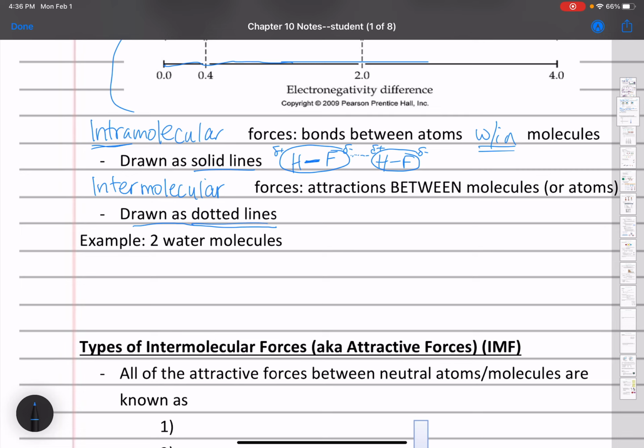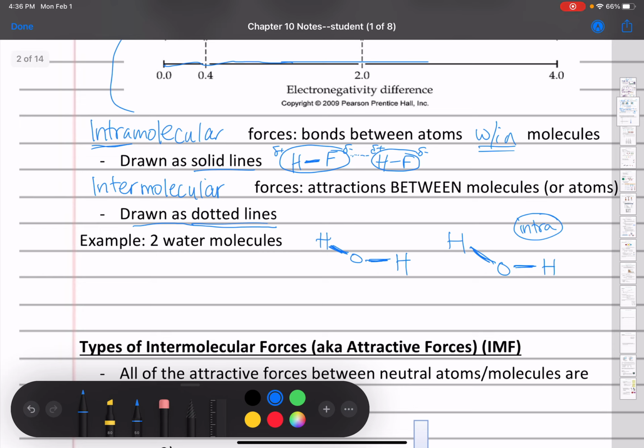So the real example I wanted to do was two water molecules, H2O. The blue lines here represent the intramolecular forces, covalent bonds that hold them together.